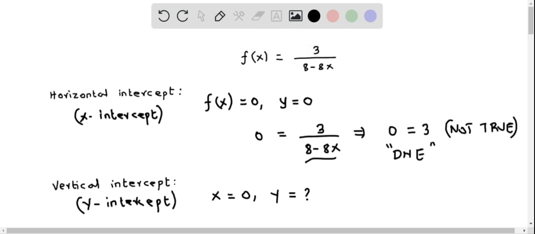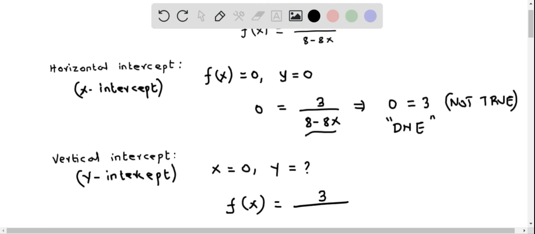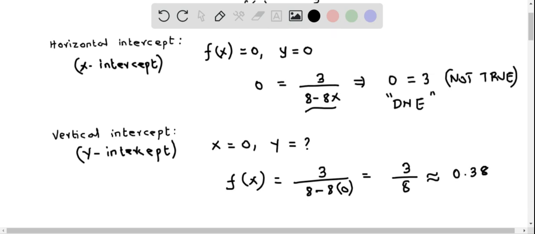We get f of x equals, replace x by 0. We have 3 in the numerator, and we replace x by 0, so this becomes 8 minus 8 times 0, and this gives 3 divided by 8, which is approximately 0.38 when rounded to the nearest hundredth.